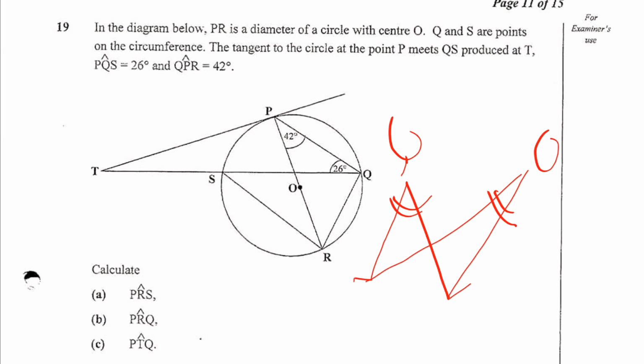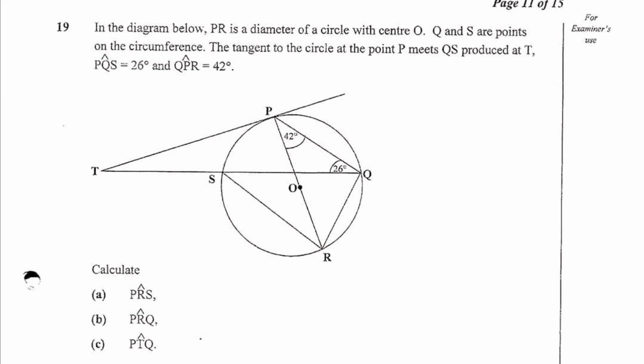So even this angle starting from here going this side is equal to this angle, which is 42. The answer to this question is 26 degrees. Then the second one says find angle PRQ.